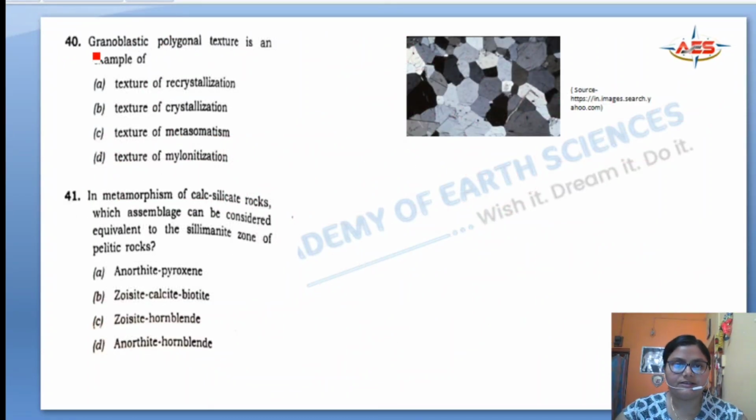Okay, number 40. Given that granoplastic polygonal texture is an example of texture of recrystallization, texture of crystallization, metasomatism or mylonitization.